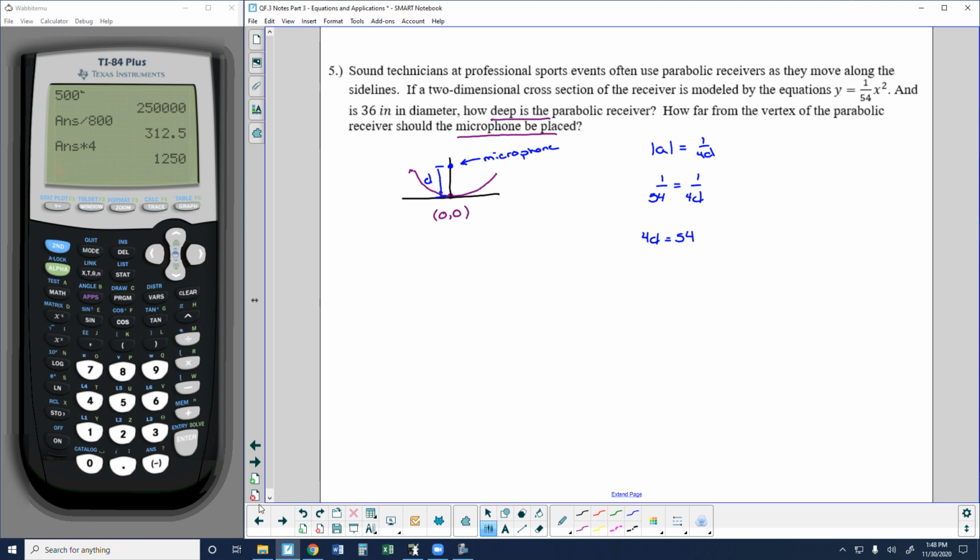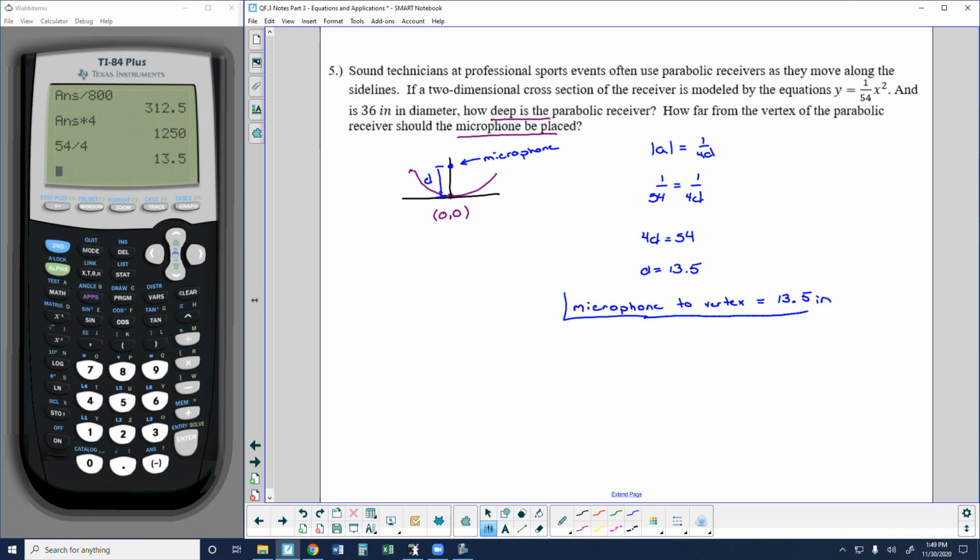And then I can solve for d by dividing by 4. So d equals 13.5. So how far from the vertex of the parabolic receiver should the microphone be placed? Microphone to vertex should equal 13.5, and make sure we have our units here, inches.